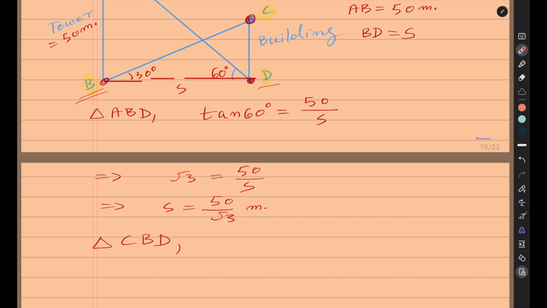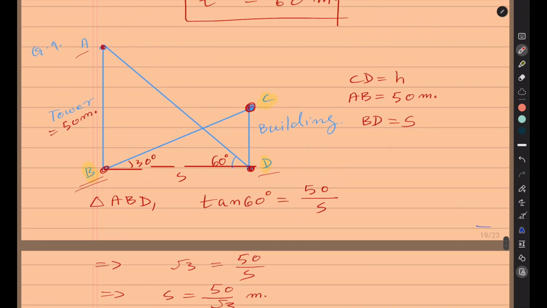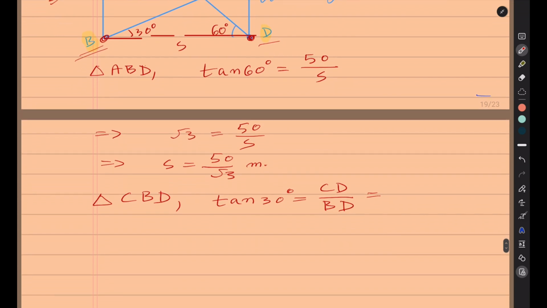So in triangle CBD, again, tan 30 degrees is equal to CD divided by BD, isn't it? CD we have defined as H, and that is the basic thing which we need to find out. H divided by BD. BD is S, and we have already found that. We know the value of BD.